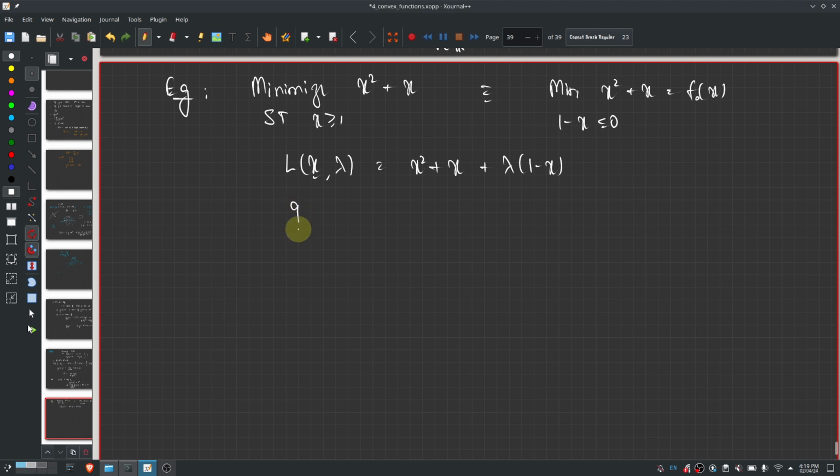What is g of lambda equal to? So how do you get g of lambda? You basically minimize, for all x in R, x square plus x plus lambda into 1 minus x. How do you get the minimum?